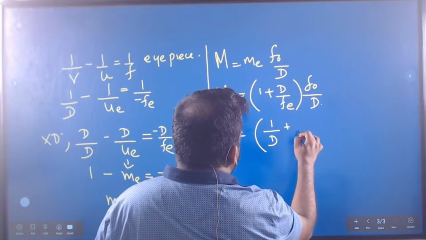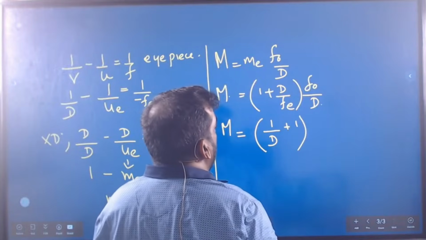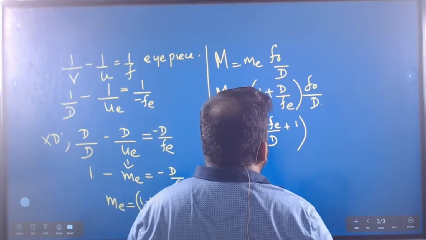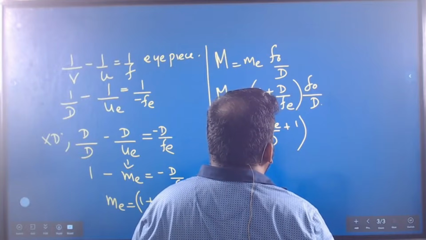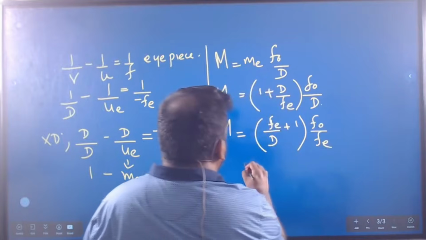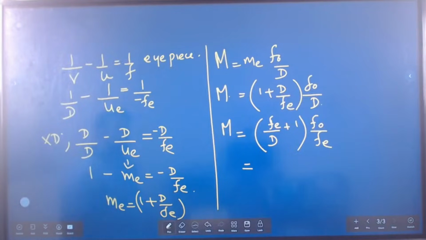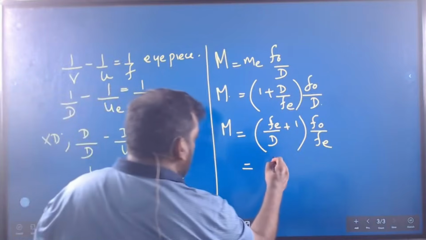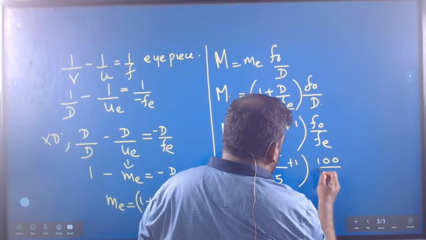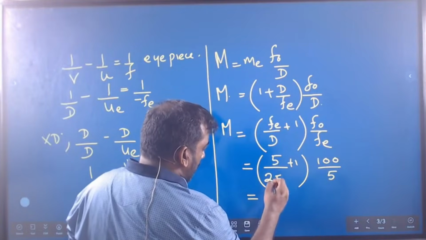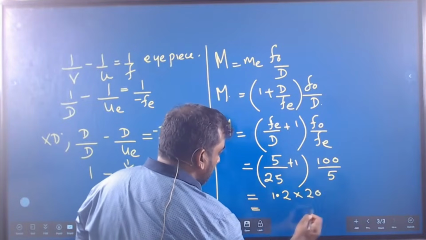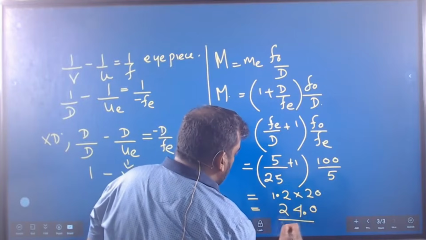It becomes f naught over fe times 1 plus fe over d. So 5 divided by 25 plus 1. 100 divided by 5, and 1 over 5 is 0.2. 1.2 times 20. Magnification is 24.